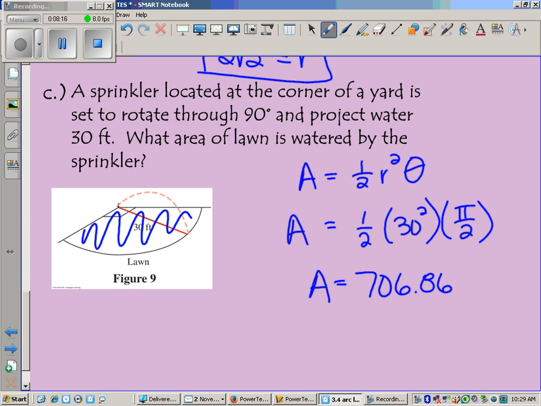Is that right? 706.86. What's the units here if I'm talking about the area of the lawn? Feet squared. So that's how much lawn that sprinkler should water. Good? Okay, so make sure you memorize those two formulas.